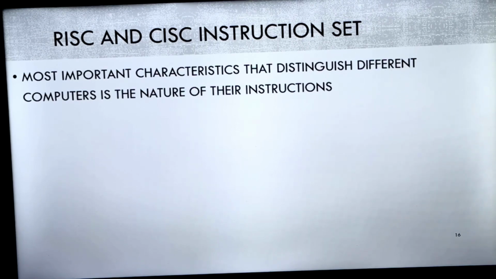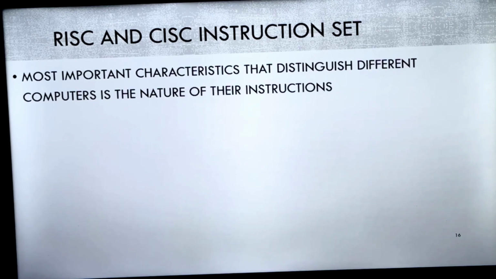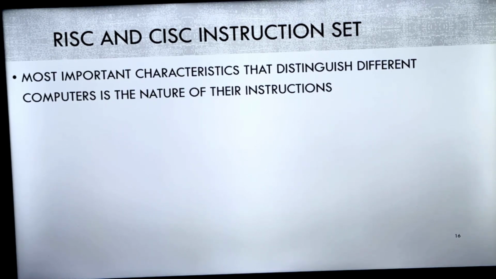See, whenever we execute any type of program, we need to execute some instructions, right? A program is nothing but a set of instructions. Now in our computer, we have a predefined set of instructions. Those instructions your computer can handle or execute.